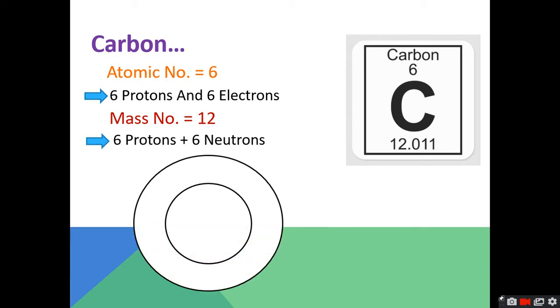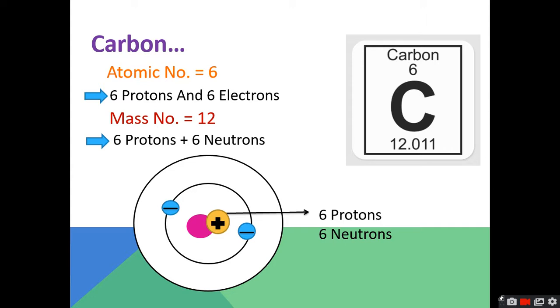Here you can see that we have taken 2 shells. Let's see why. In the nucleus, there are 6 protons and 6 neutrons. Now we have 6 electrons. Let's try to distribute them. The first shell, K, has a maximum limit of 2 electrons. So here they come.